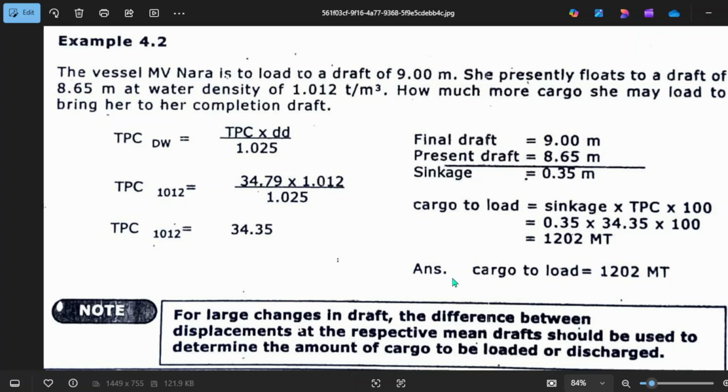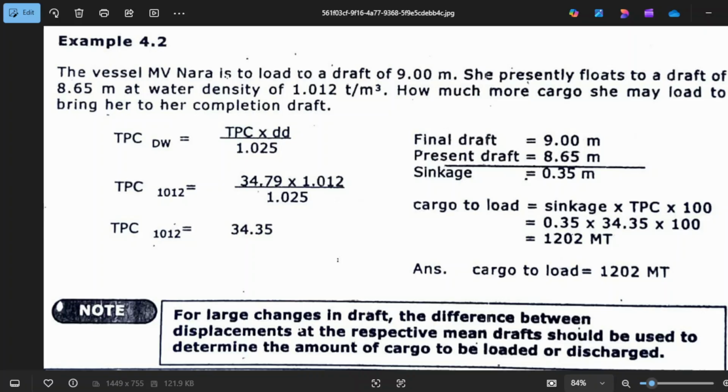Okay, but for large changes of draft, the difference between displacement and the respective mean draft should be used to determine the amount of cargo to load or discharge. Meaning, the difference between the displacement of your departure draft and the respective mean draft. So what is the displacement of 9 meters and the displacement of the present draft?